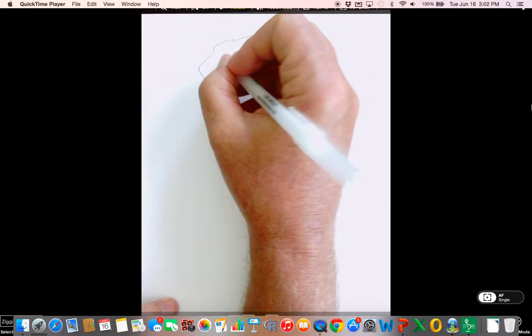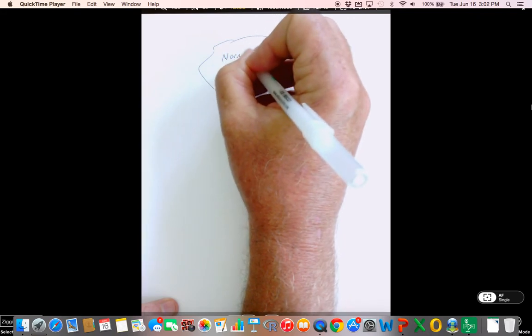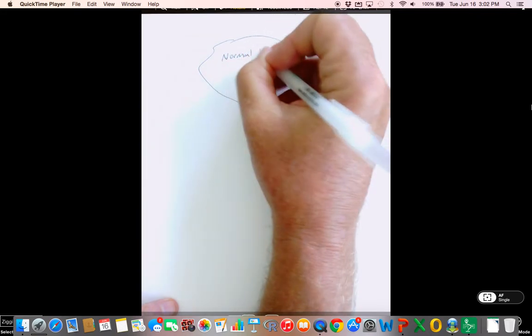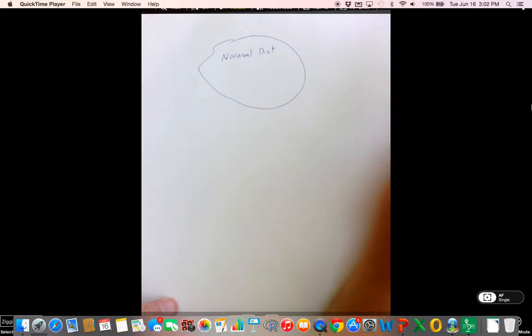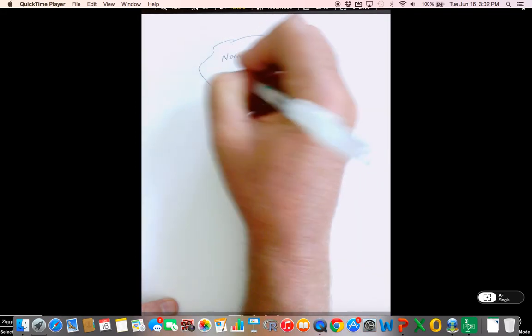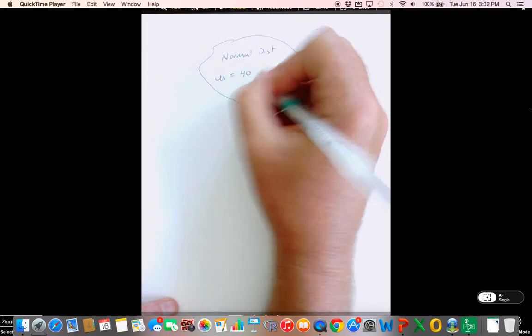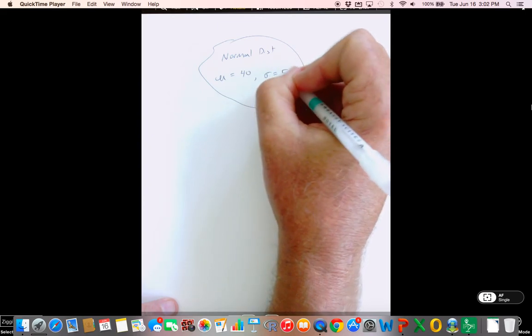Well, it tells me this. I start with a population that is normally distributed. It has a mean of 40 and a standard deviation of 5.